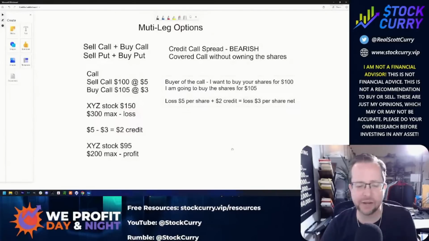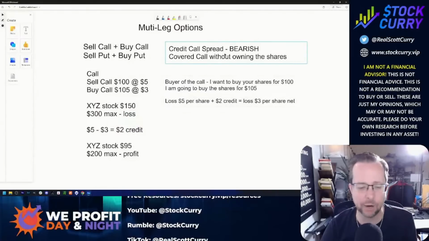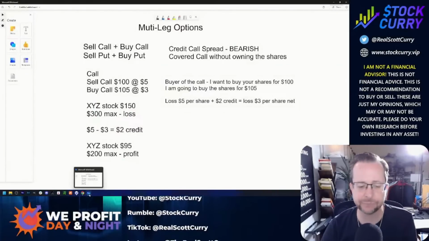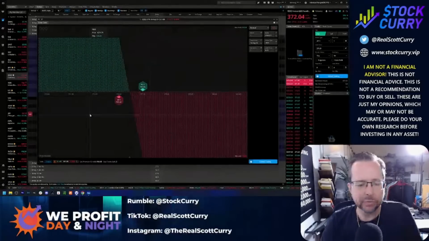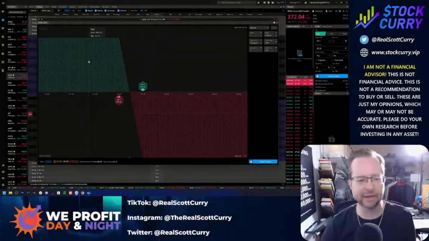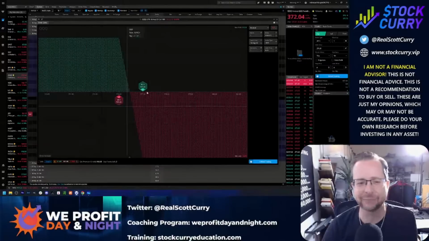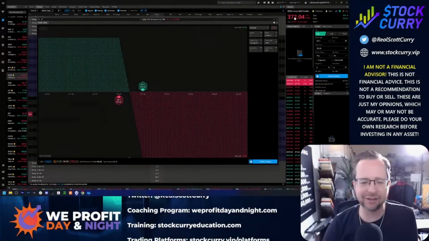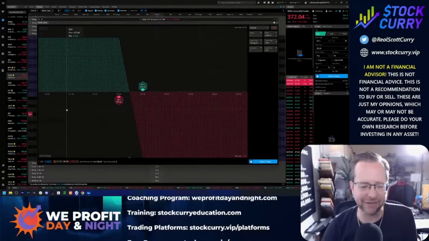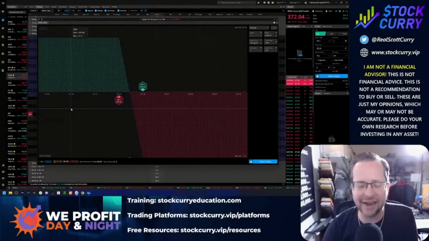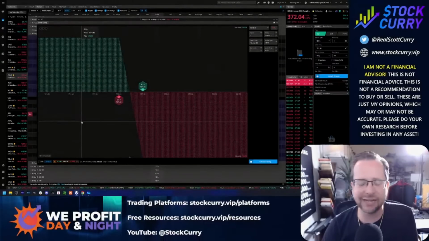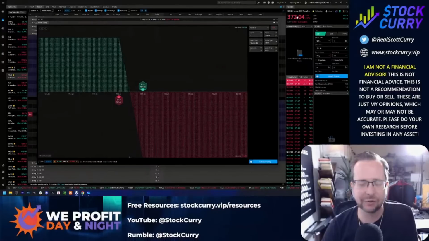On a credit call spread, you want the stock to go down because that's how you make money, right? So I want the stock to go down. That's how I make money. But check this out. This is where it gets really cool, really exciting. QQQ is at $372. What happens if QQQ goes down to $370? Well, guess what? I make money.